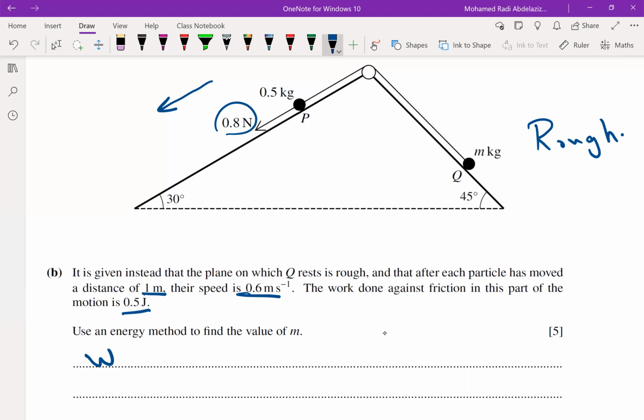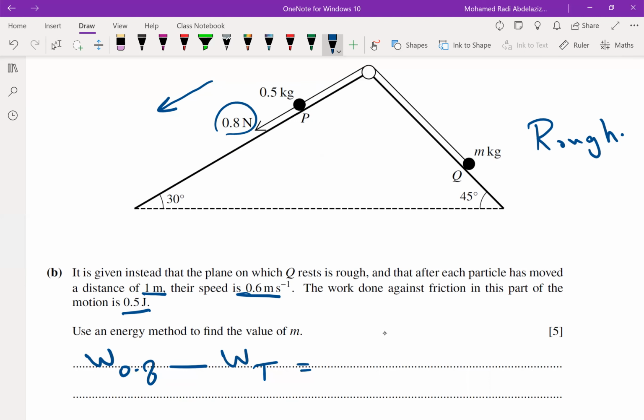So the work done by this force 0.8, minus the work done against resistance, the work done against motion. What is the force acting in the opposite direction? We only have tension, it's still smooth. So the work done by tension is equal to the change in mechanical energy.